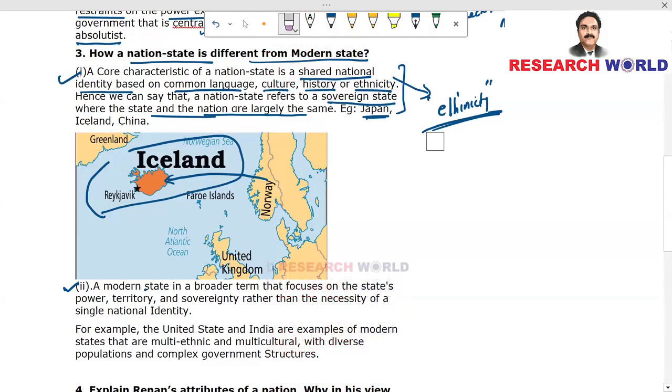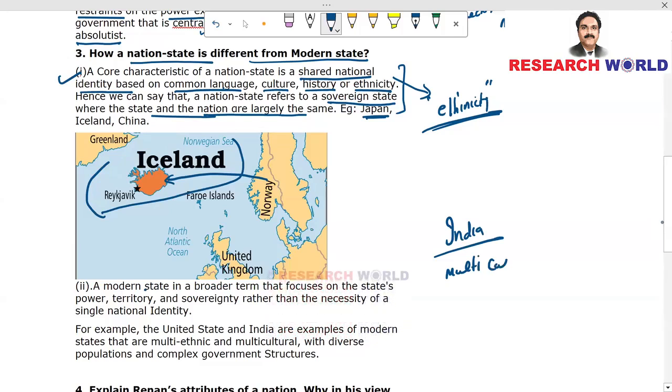Okay, so this is about a nation state. Whereas consider India, it is just the opposite. We are multicultural and we have multi-ethnicity.